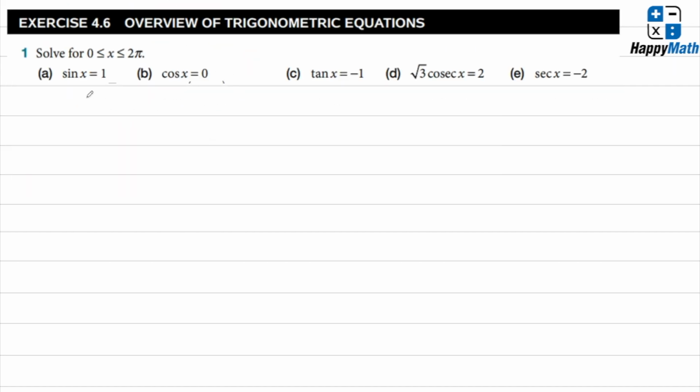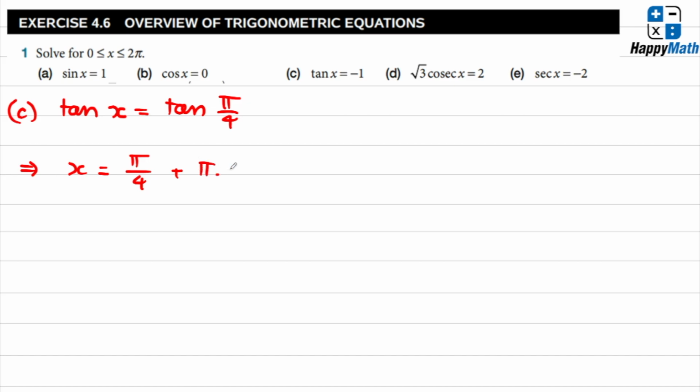Question C, you have tan x equal to minus 1. This means the reference angle has to be pi over 4. The formula when you want to solve a tan equation is x equal to pi over 4 plus pi times k.